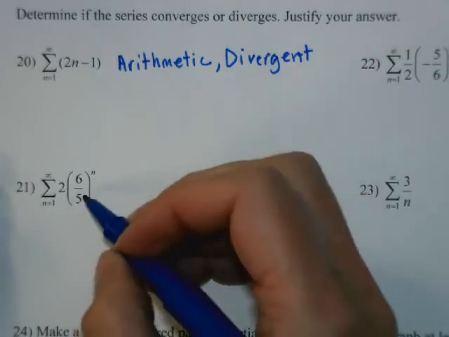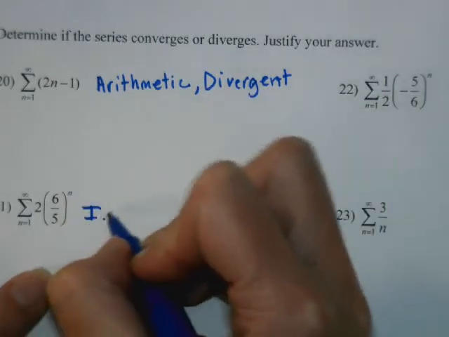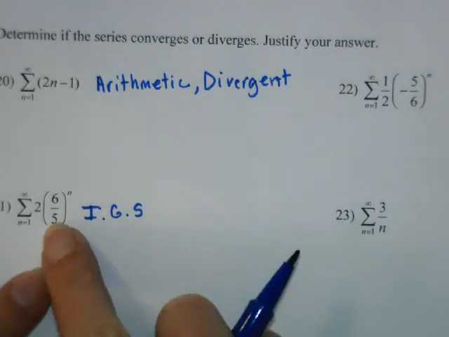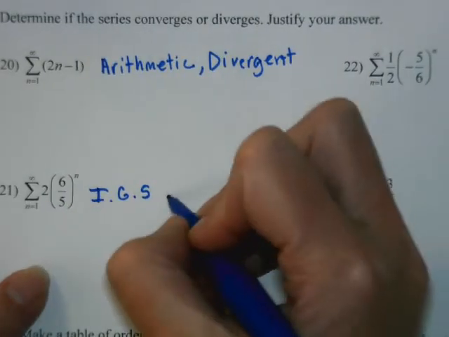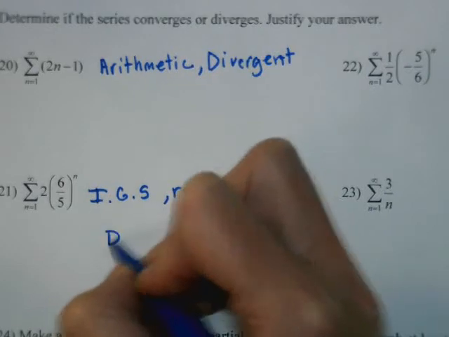This one and this one, these are both infinite geometric series. The common ratio can be found here in the parentheses. So the common ratio here is 6/5, which is bigger than 1, so this one is divergent.